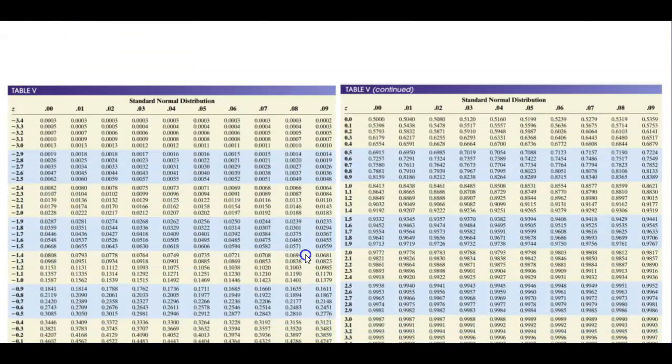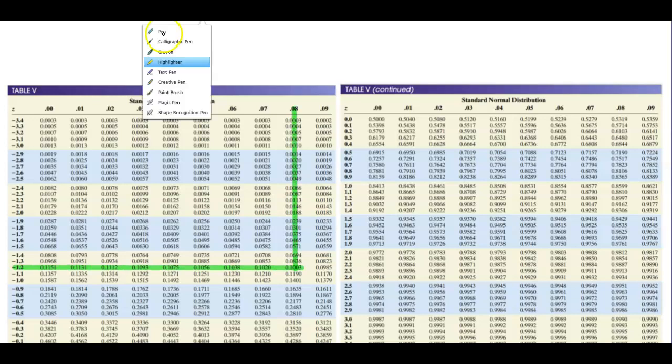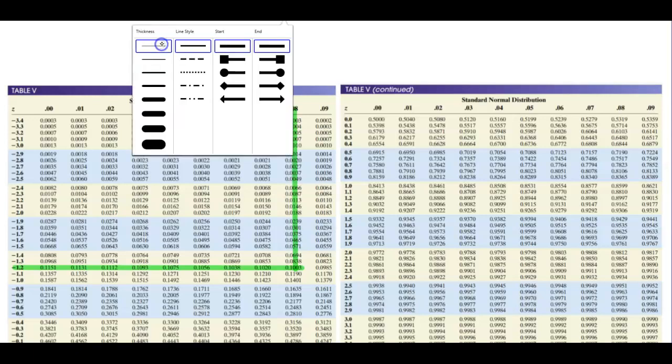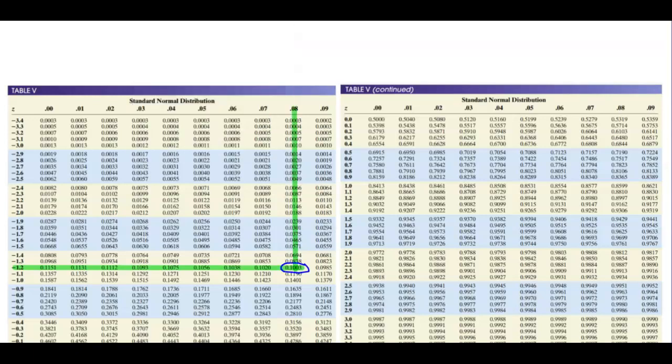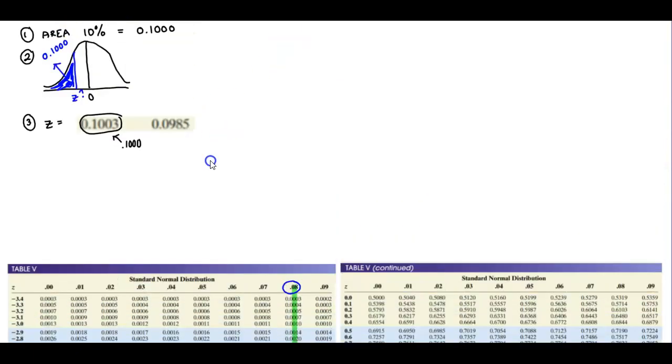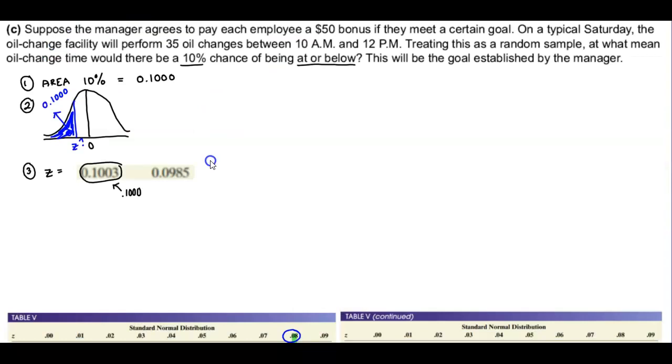Therefore, our z-score at that particular area is going to be negative 1.28.